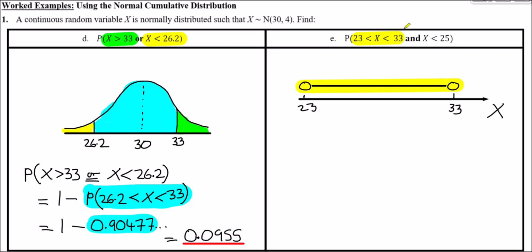And this bit, 25 or less, would be a line starting from 25 but pointing to the lower end because it needs to be less than 25. So where are these two inequalities both satisfied? Well, they're both satisfied only for this region.